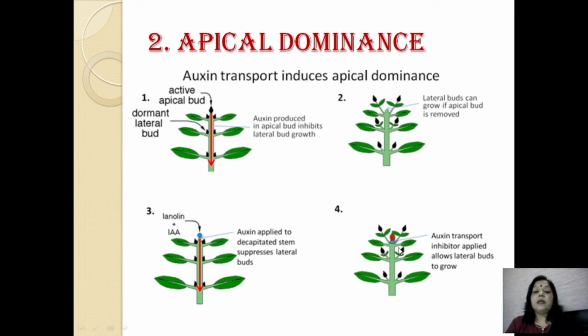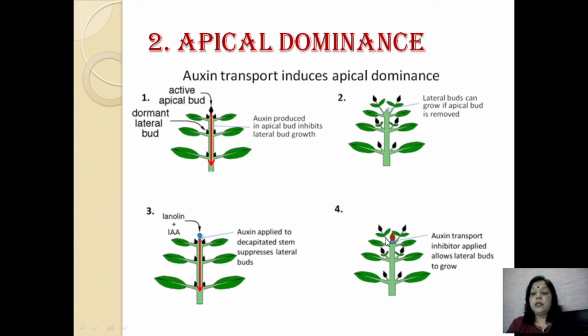If the agar block is placed again on the decapitated stem but without auxin, the growth of the lateral buds takes place. It means auxin जो होता है वो lateral bud की ग्रोथ को रोकने के लिए रिस्पॉन्सिबल होता है.